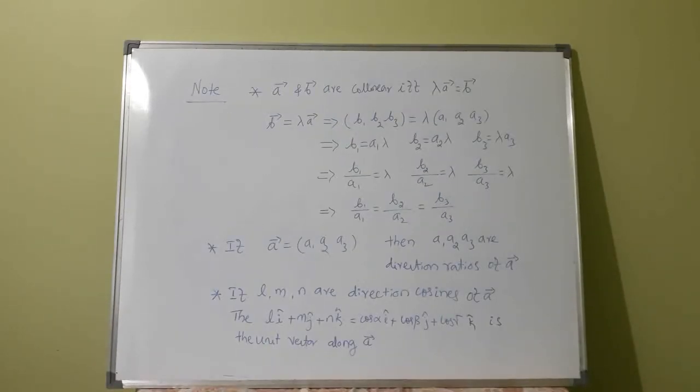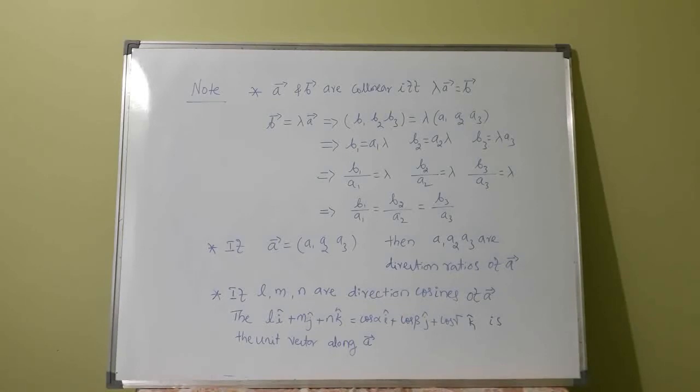We can note here, A and B are collinear if and only if lambda A is equal to vector B. B is equal to lambda A implies (b1, b2, b3) is equal to lambda times (a1, a2, a3). So b1 is equal to a1 lambda, b2 is equal to a2 lambda, b3 is equal to a3 lambda. That implies b1 by a1 is equal to lambda, b2 by a2 is equal to lambda, b3 by a3 is equal to lambda.